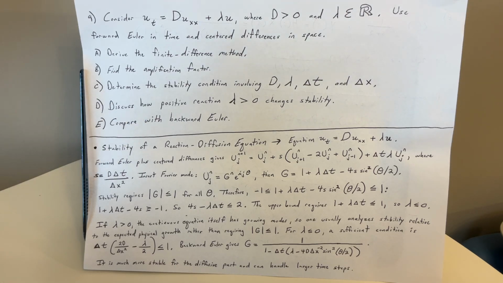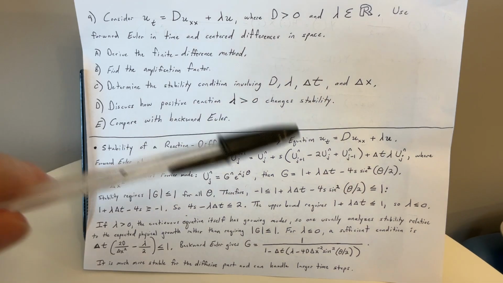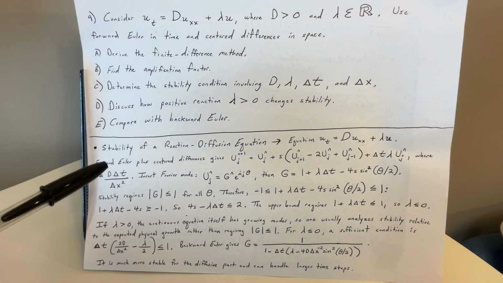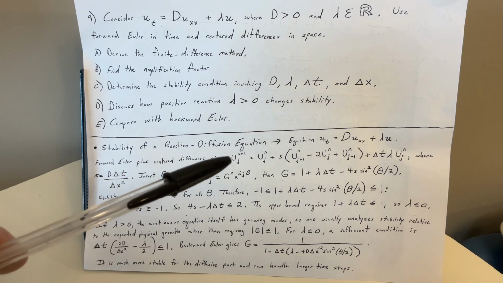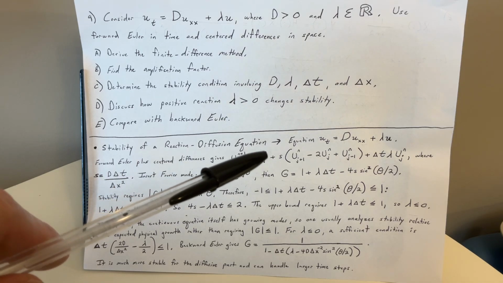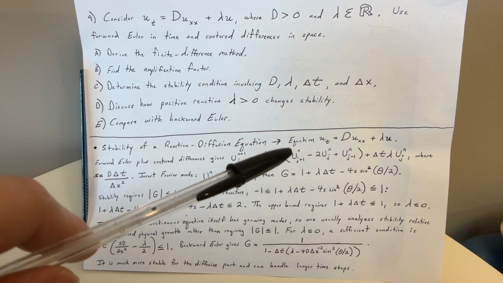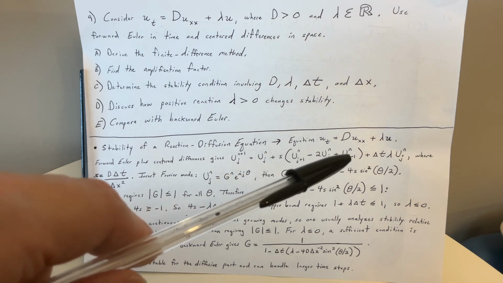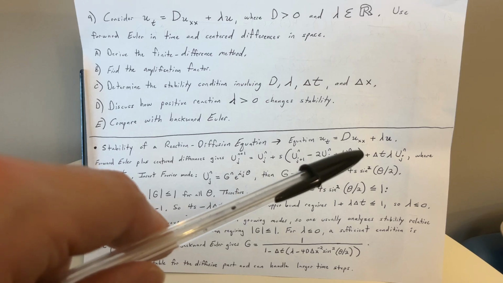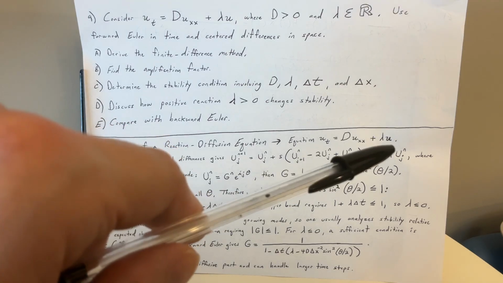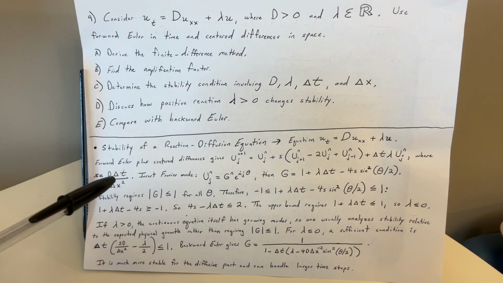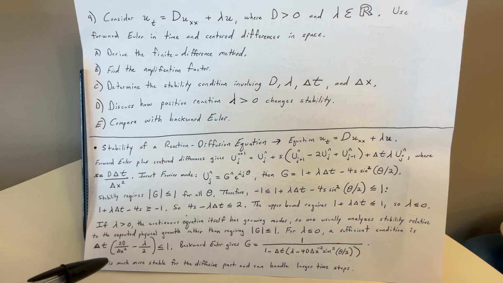So this is the stability of a reaction diffusion equation. So our equation is u sub t equals d u sub xx plus lambda u. Forward Euler plus center differences gives u sub j n plus 1 equals u sub j n plus s times the quantity u sub j plus 1 n minus 2 u sub j n plus u sub j minus 1 n, plus delta t lambda u sub j n, where s equals d delta t over delta x squared.